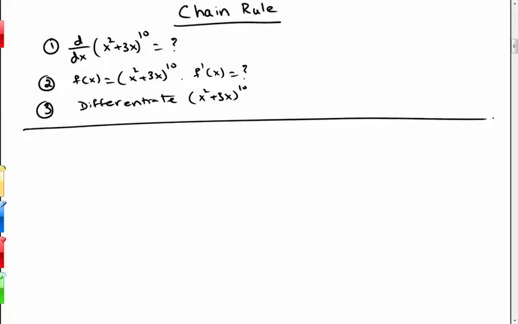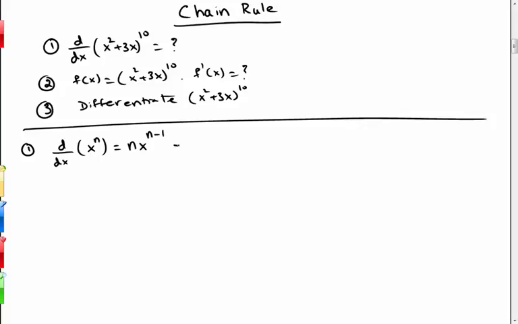Here is the idea of chain rule. d/dx of x^n. Do you know what that is? This is the basic power rule of differentiation. Now the question is, suppose I know that d/dx of x^n is nx^(n-1).